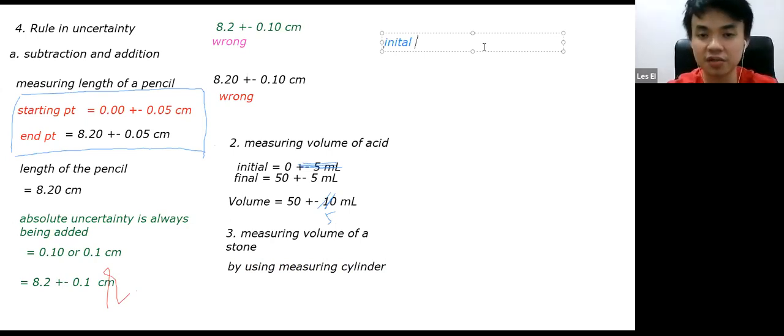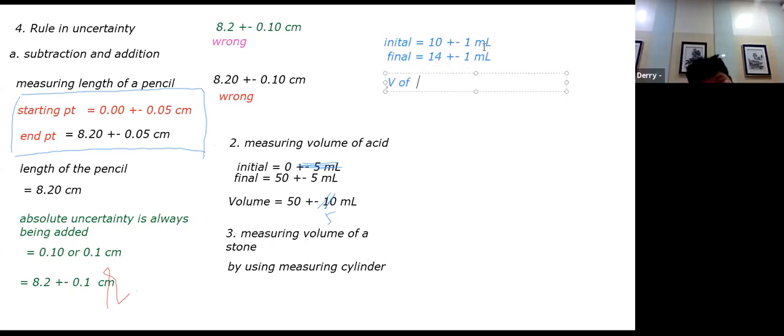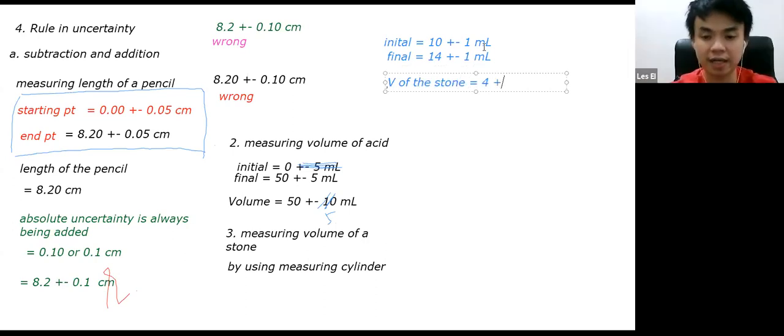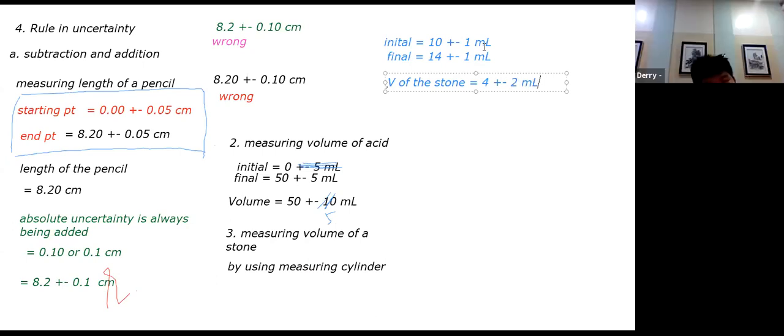So let's say initially you fill it at 10, so you have 10 plus minus 1 milliliter. Then after you drop the stone into the measuring cylinder, you get a final reading, let's say 14, still plus minus 1 milliliter. So the volume of the stone, you subtract it, right? And then add the uncertainty. Oh, sorry, 0.5. Yeah, 0.5.